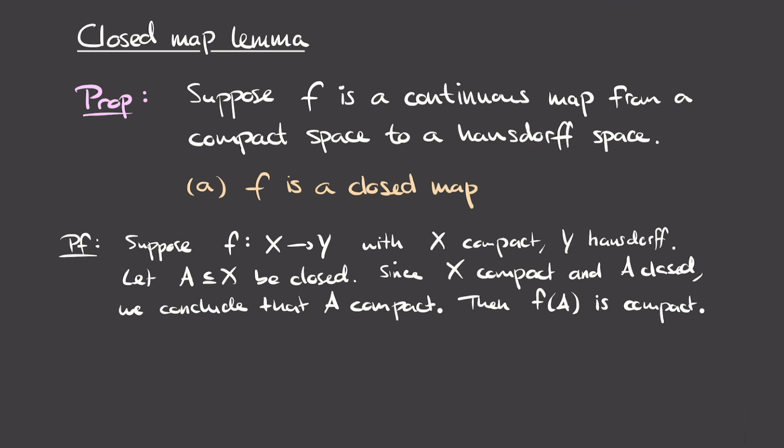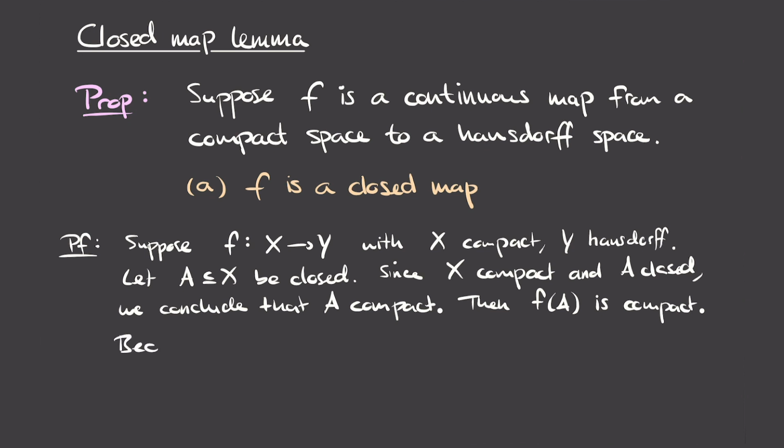Finally, we now have a compact subset, namely the image f of A, in the space Y, which is Hausdorff, and the final property of compact sets we'll need is that compact subsets in Hausdorff spaces are always closed. This is also something we saw in the last video.